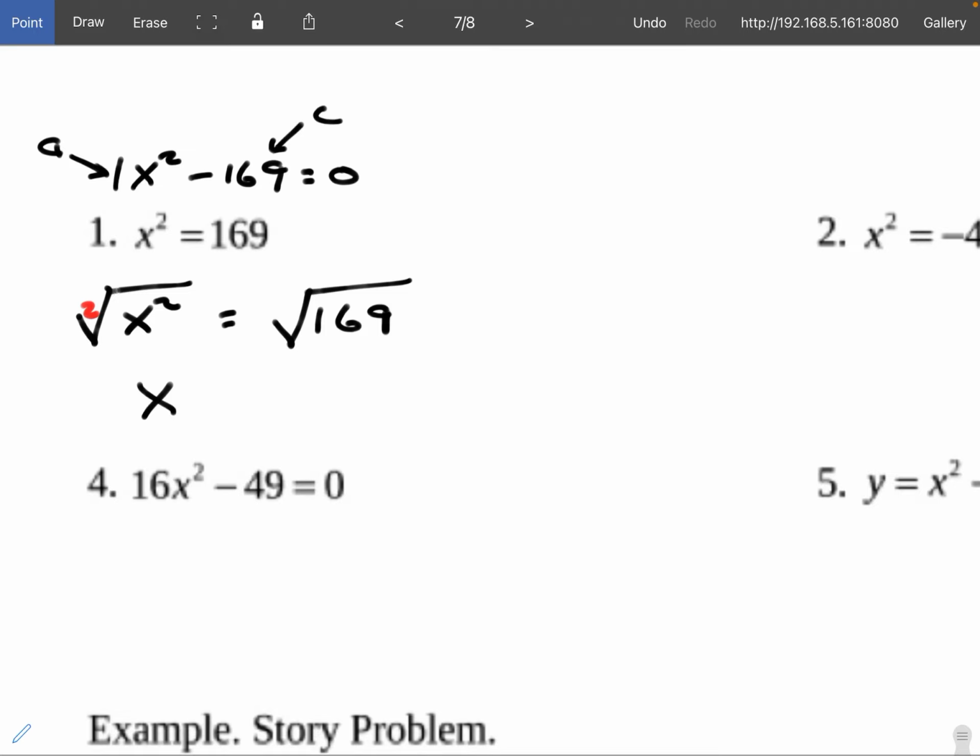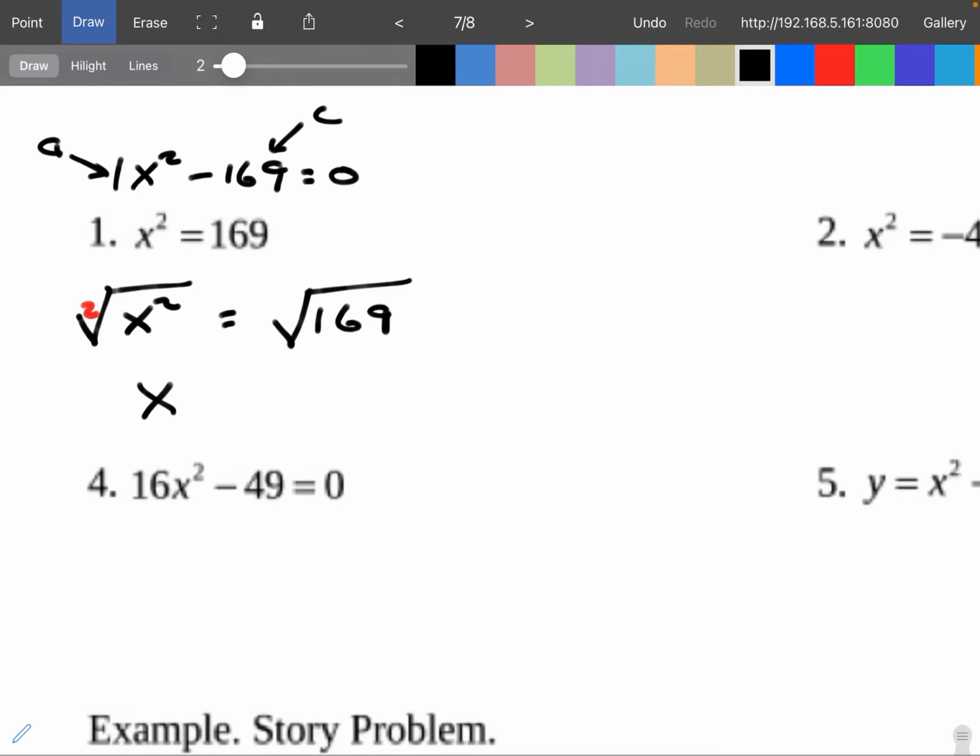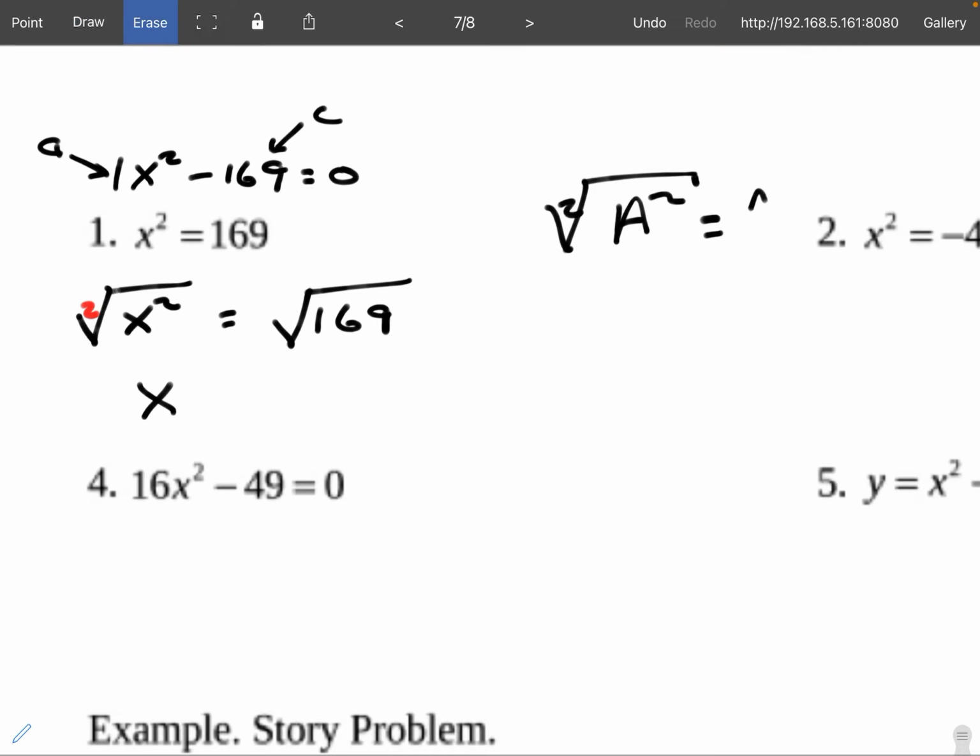So the square root of x squared is just x. That would work for anything. If you had the square root of a squared, that would just be a, because again, the square root and the square undo each other.